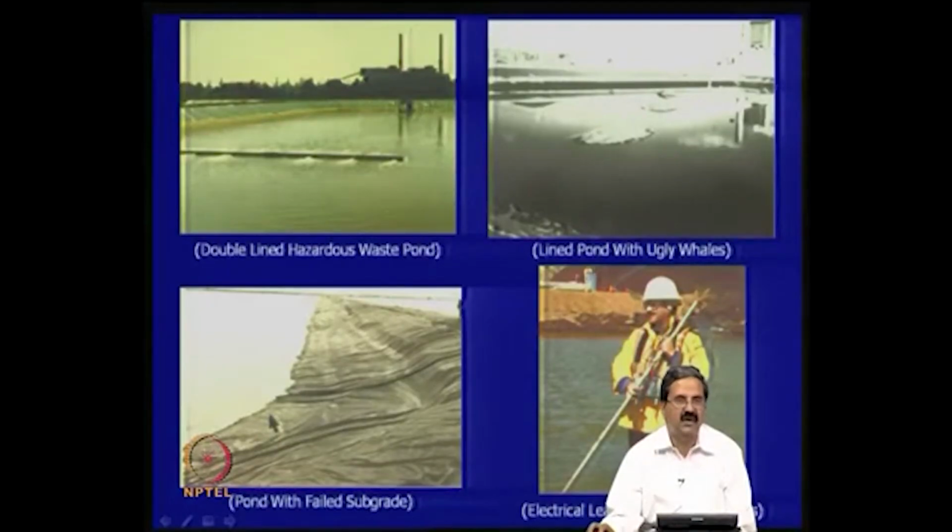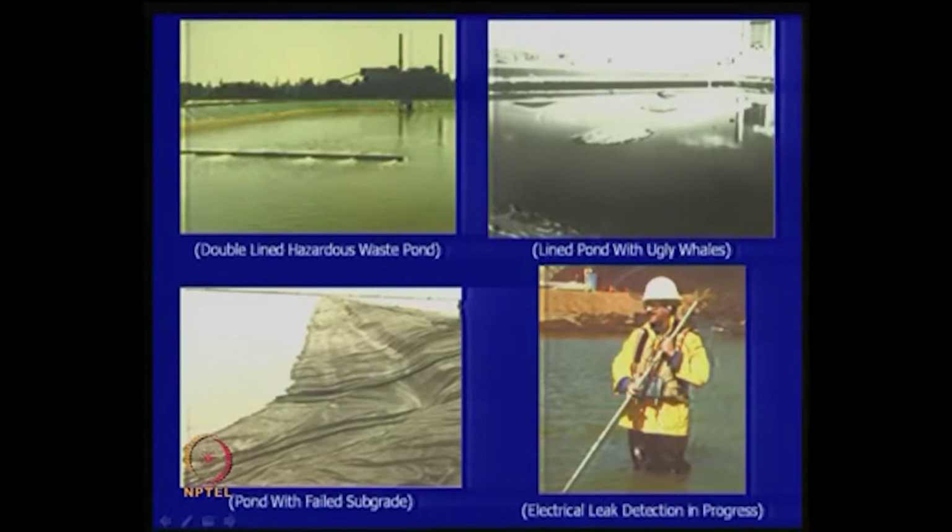I have seen cases where it slipped off because of the rains, and once a failure occurs, then it is very risky. Here you can see somebody trying to do leak detection in the system. They will have a leak detection system in an area with hazardous waste liquid. He is checking for all the contaminants. He has a leakage detection system.